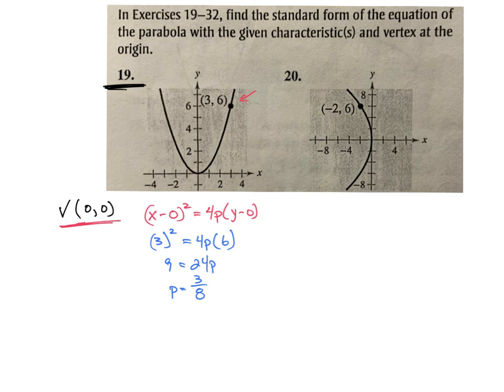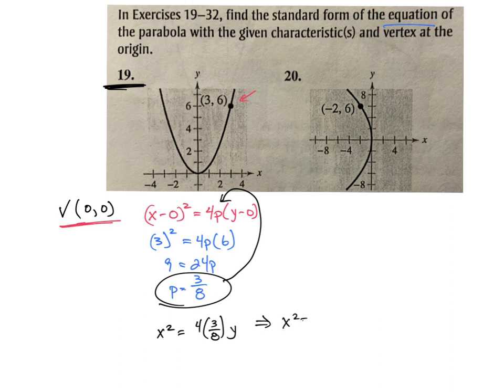Now, it doesn't ask for the focus or anything here. It asks me to find an equation. So this is where I'm going to just take this and substitute back in. So now I'd end up with x squared is equal to 4 times 3/8 times y. Now, 4 times 3/8 could simplify to what? 3/2.